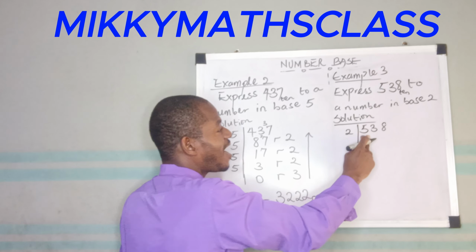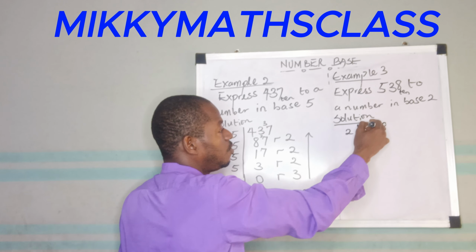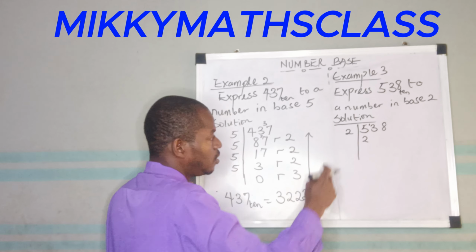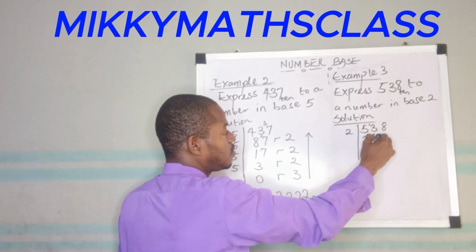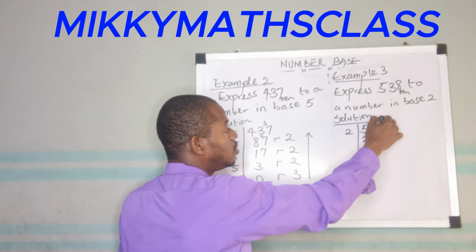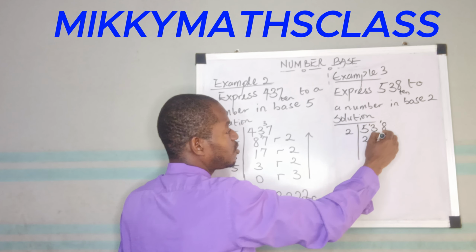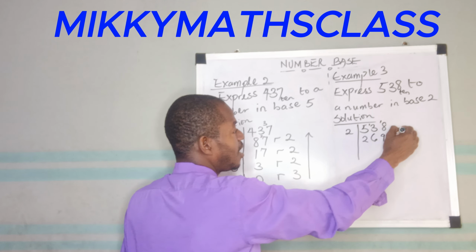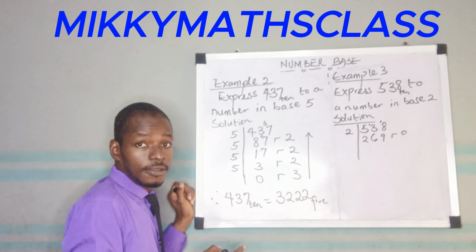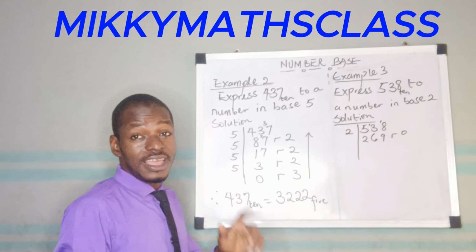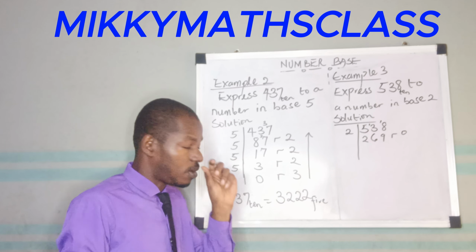Now 2 in 5, that will be 2. Remainder 1. 2 in 13, that's 6. Remainder 1. 2 in 18, that's 9. Remainder 0. You put it there. In base 2 system, you only have 2 digits, 0 and 1.